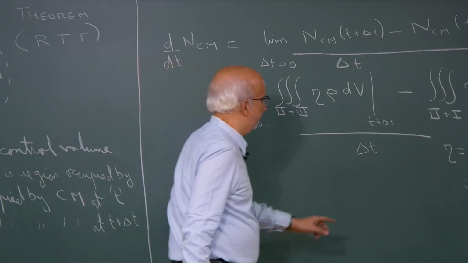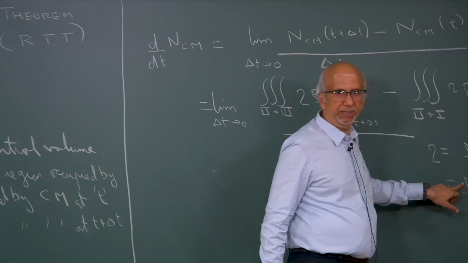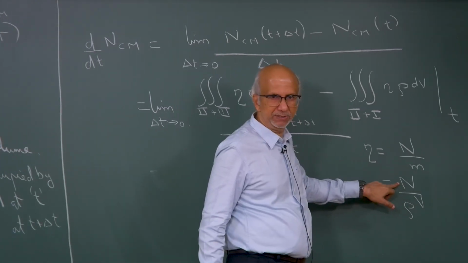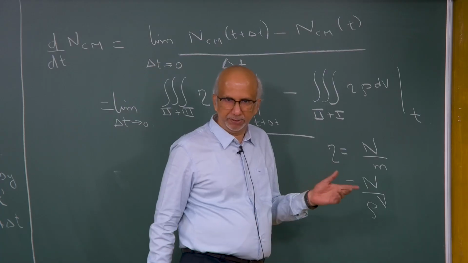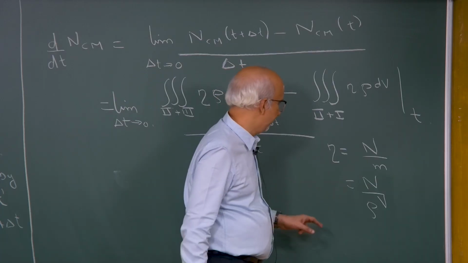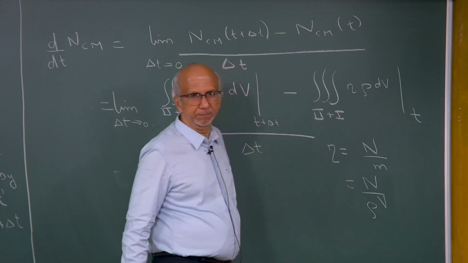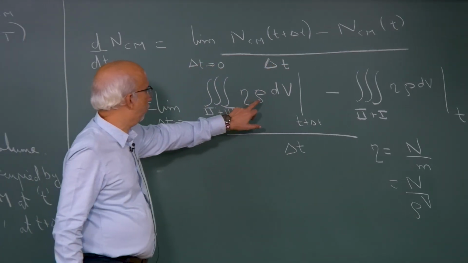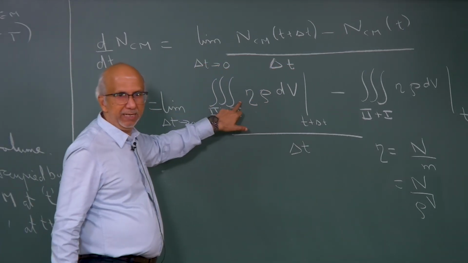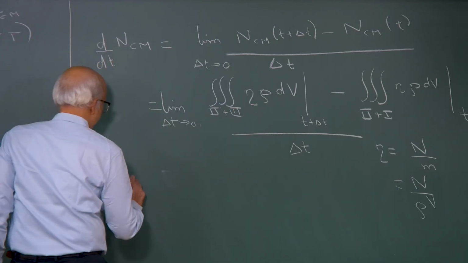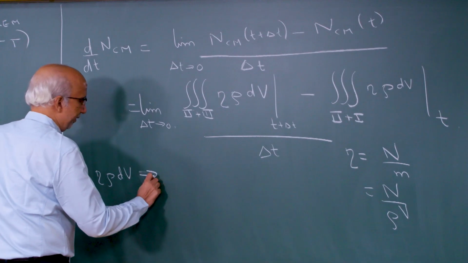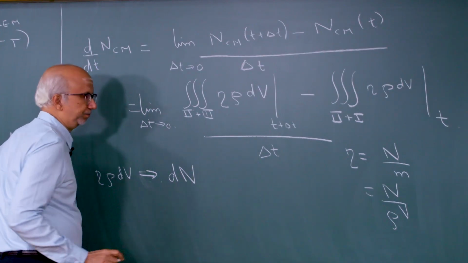Okay. So, basically N is my extensive property which is dependent on mass, and eta is independent of mass because it is an intensive property the way I have defined it. So, eta multiplied by rho multiplied by dV is my dN.